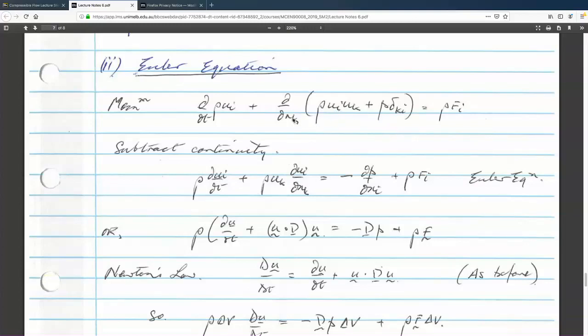And of course, when we sum the k's here, the only contribution is when k is equal to i. And so this becomes a plus dp/dxi, which I put on the right-hand side, and the rho fi is on the right-hand side, and that is called Euler's equation. It's an inviscid equation, and it's an exact equation, follows from the momentum and continuity.